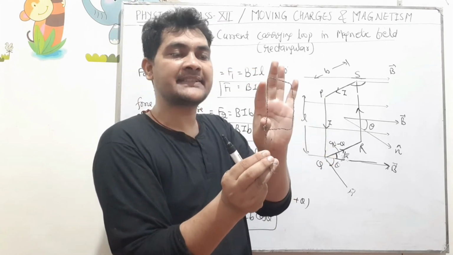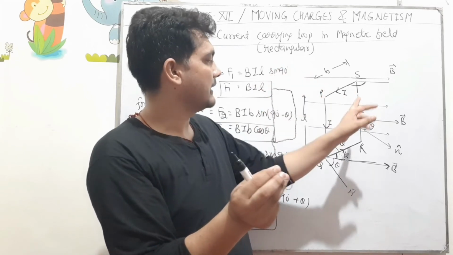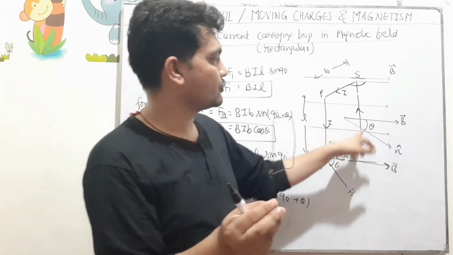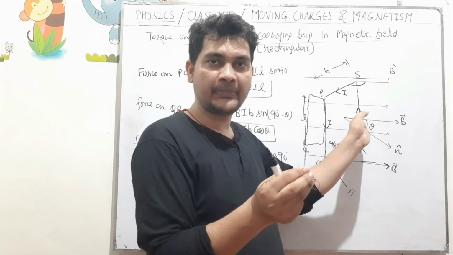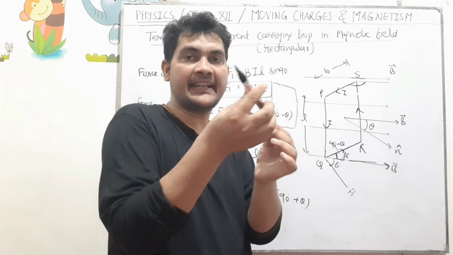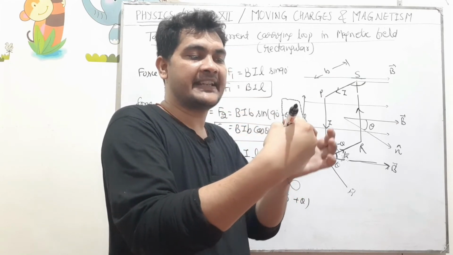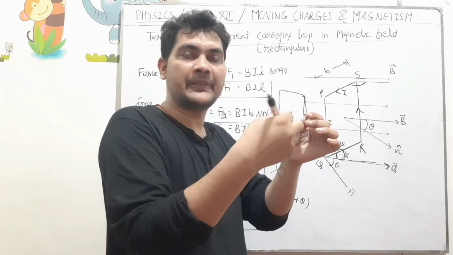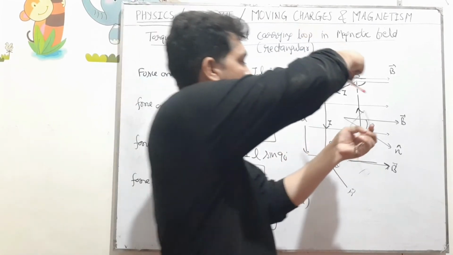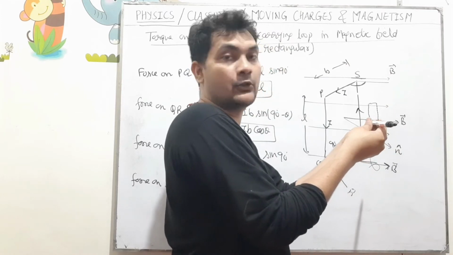The force on the wire opposite to PQ, that is RS, will be in the inward direction, because they are carrying currents in opposite directions. The force on RS is inward and the force on PQ is outward.